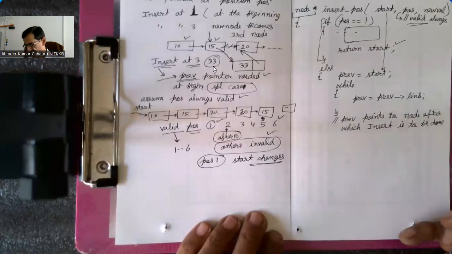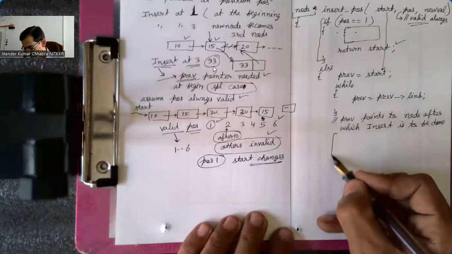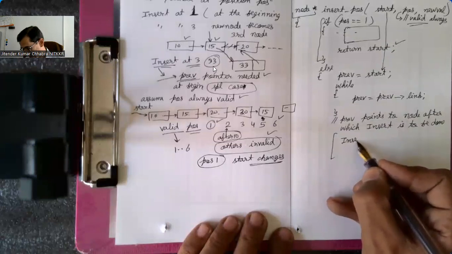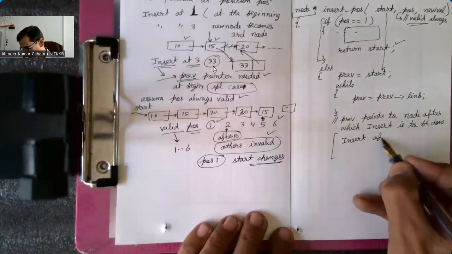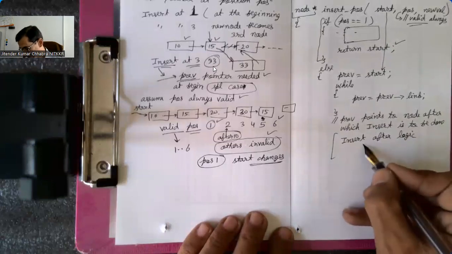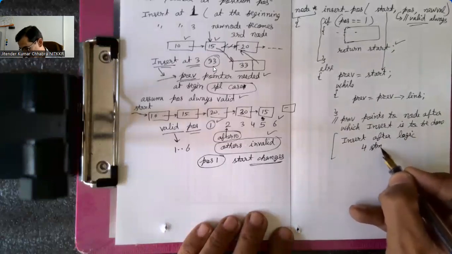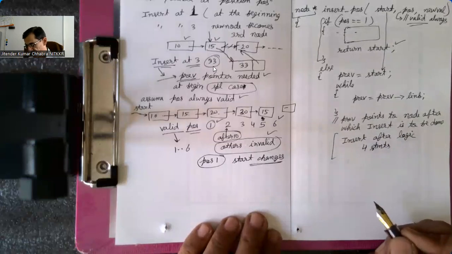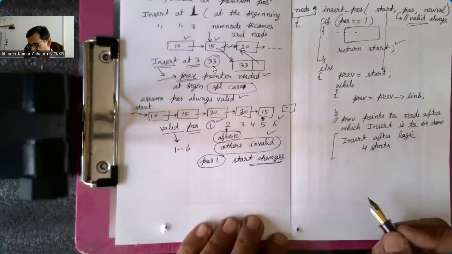So my previous must point to that place. Then my insert after logic can be written without any difficulty. Those 3-4 statements I can write simply. And that will work straight away.